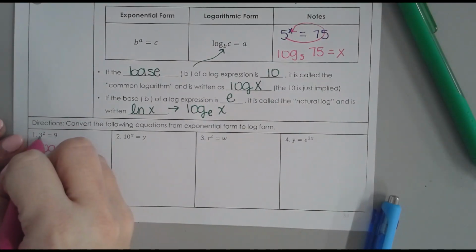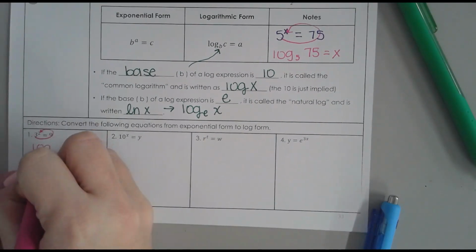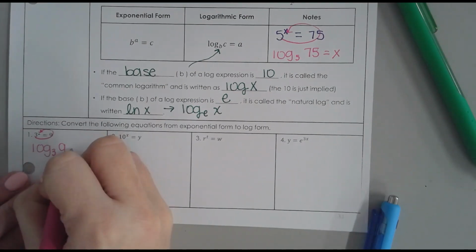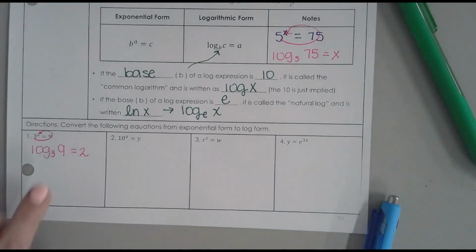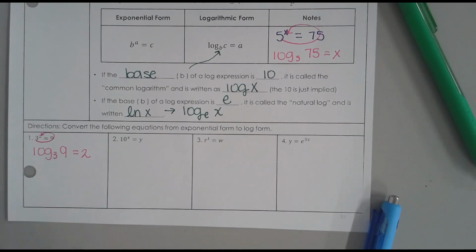The 3 comes first, then the 9, equals 2. So log base 3 of 9 equals 2. The 3 is a little bitty kind of down, it's a subscript, down in the bottom corner. Log base 3 of 9 equals 2. So that's just rewriting them.